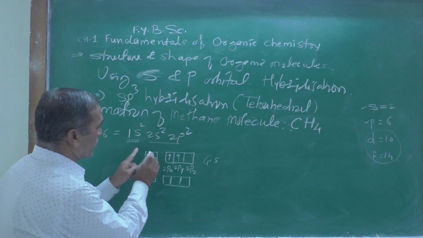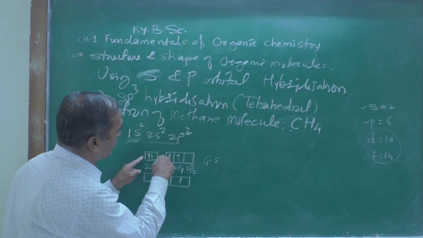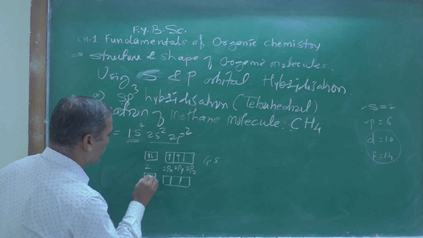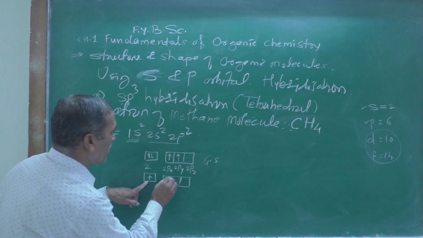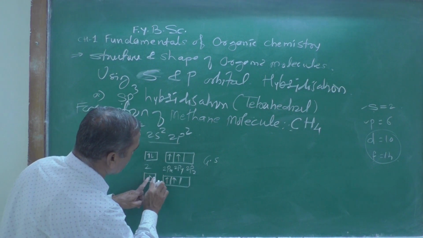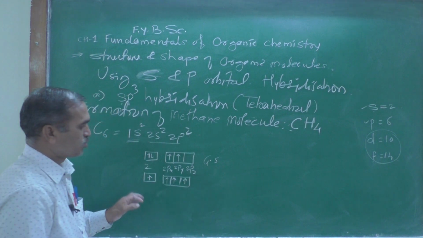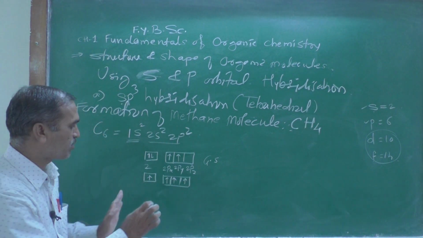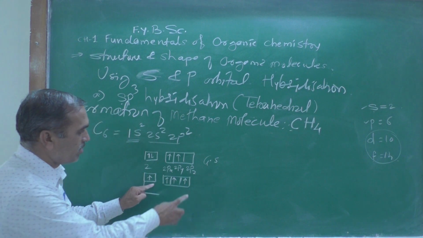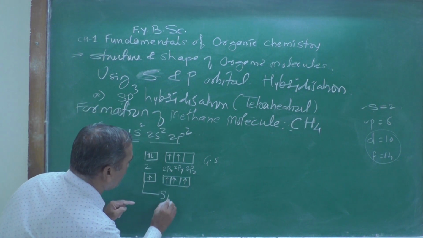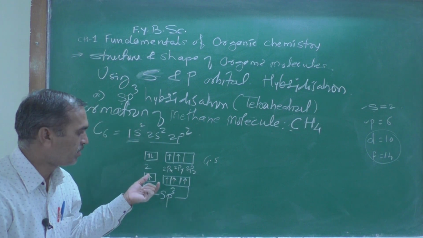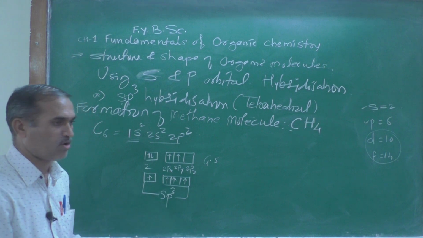Look here, one of the electrons from the 2s orbital goes into the p orbital, meaning the 2s orbital contains only 1 electron and this 1 electron goes here. So if you look at this, there are 4 unpaired electrons. The 1 s orbital and 3 p orbitals combine together, overlap or hybridize, and form new atomic orbitals.